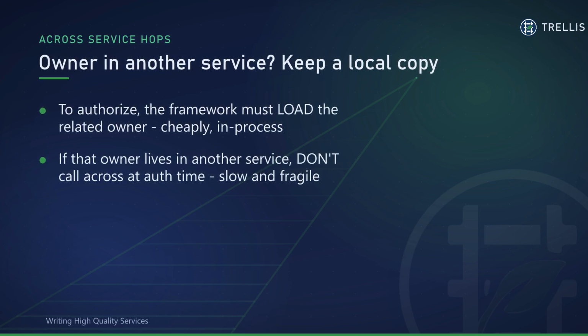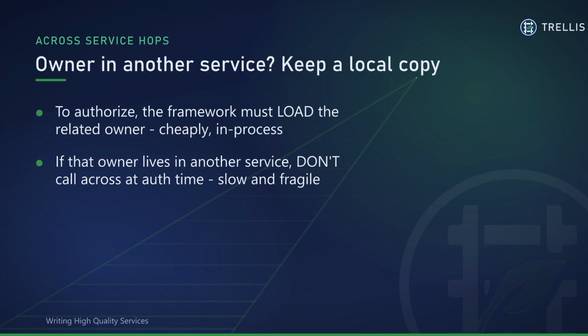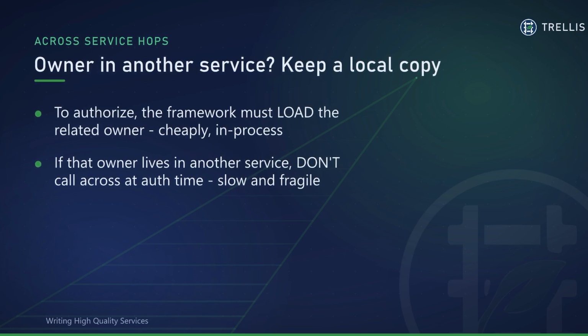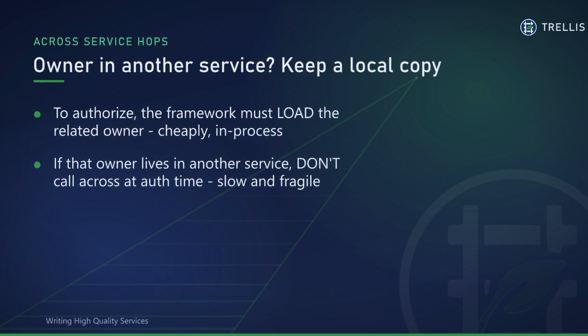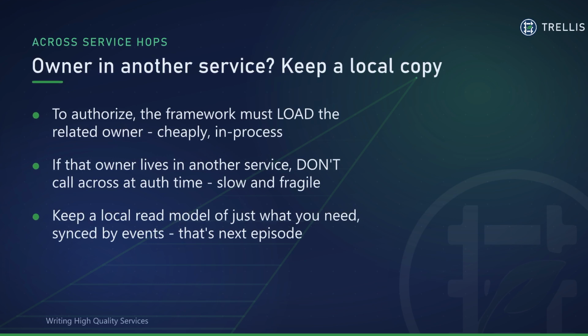A synchronous cross-service call on every auth check is slow, and it couples your service's availability to another's. Now they fail together. The right answer: keep a small, local read model of just the data you need to authorize against, kept in sync by events, which is exactly what we build next. Authorization stays in process and fast. The data comes to you.